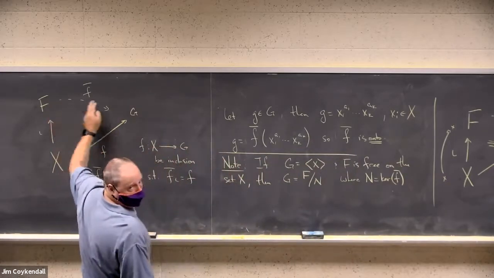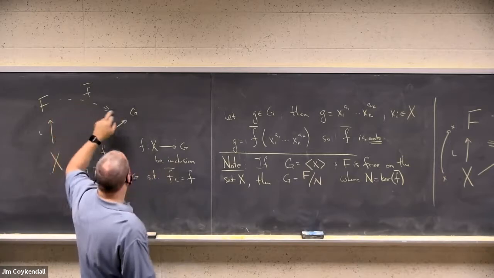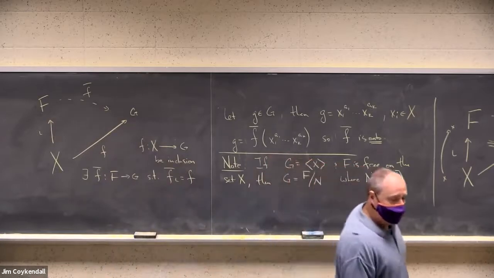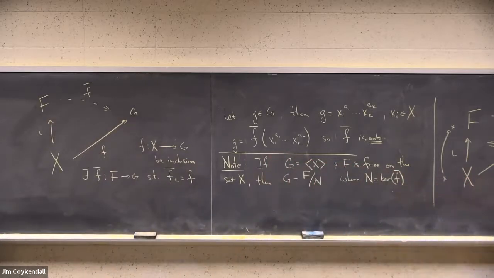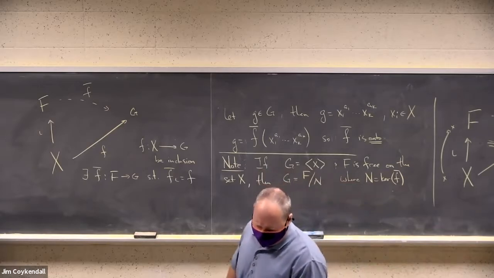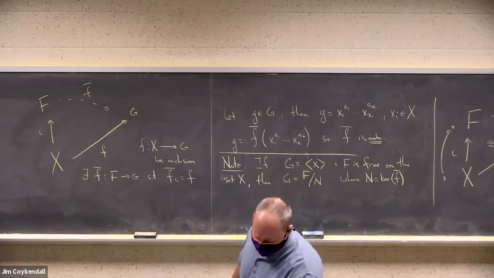It's an onto homomorphism from here to here, right? So this homomorphism F bar is onto, and by the first isomorphism theorem, that means the image, which is G, is isomorphic to F mod the kernel of F bar. And so this is actually where the relations come from.